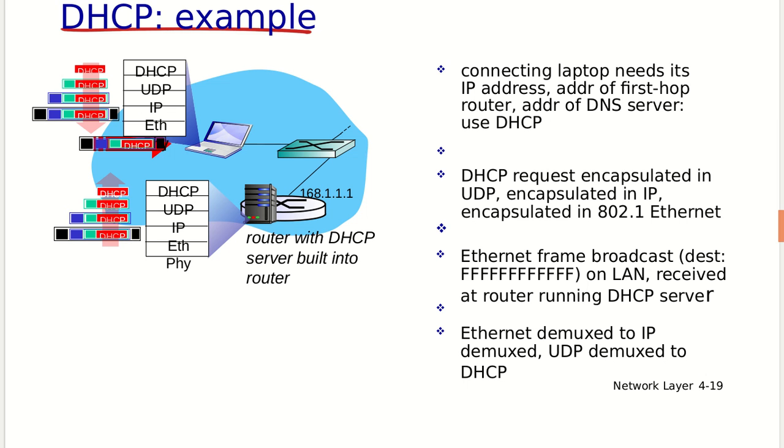An Ethernet MAC address is a 48-bit address. If you flip all the 48 bits to 1, then if you represent it in hexadecimal format, it will come up with a series of Fs. If you send out a frame to this particular MAC or physical address, which is all Fs, this is called a broadcast. So this is how your incoming client sends out a broadcast. It sends out an Ethernet frame to FF all the way, for all your 48 bits.